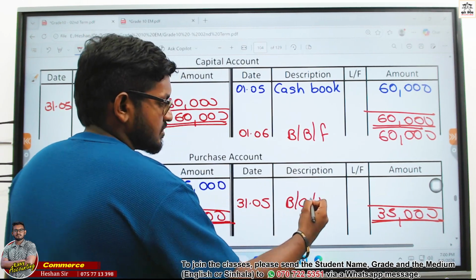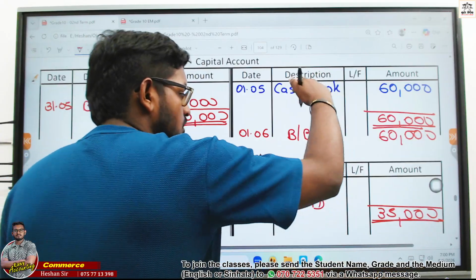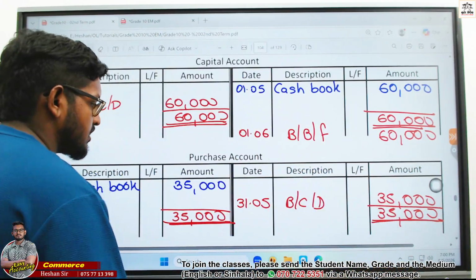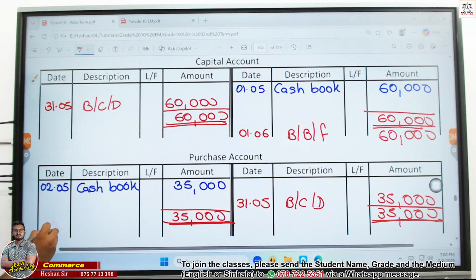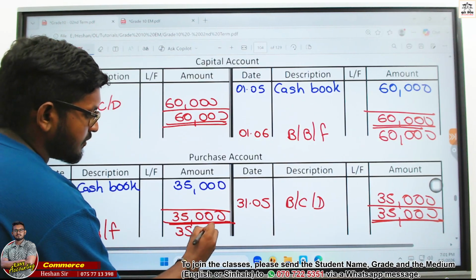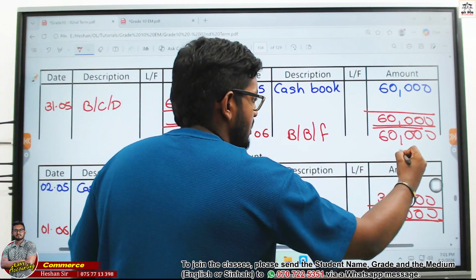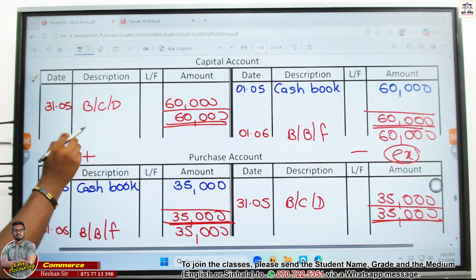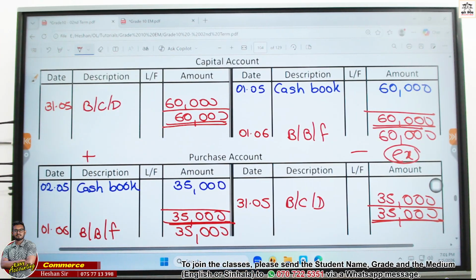For the BCD, from the higher value side total, deduct the lower value side. 35,000 minus 0 is 35,000. 1st of June, BBF, that is also 35,000. Remember, every time it goes to the increase side. Purchase is an expense account. In expense principle, the increase side is the debit. That's why it comes here.